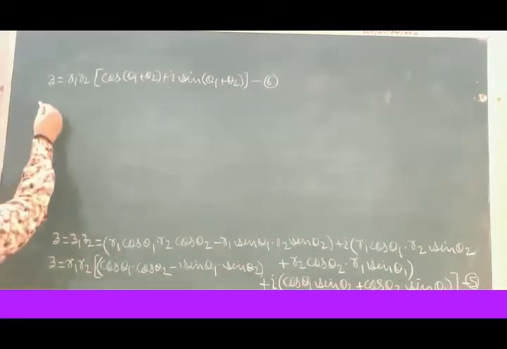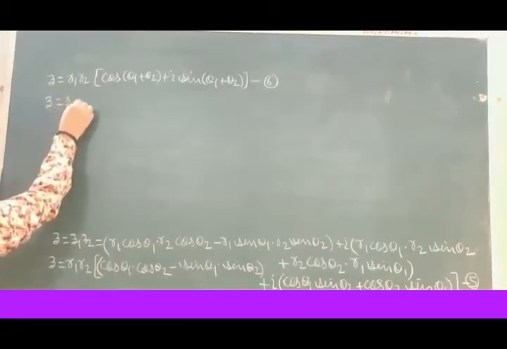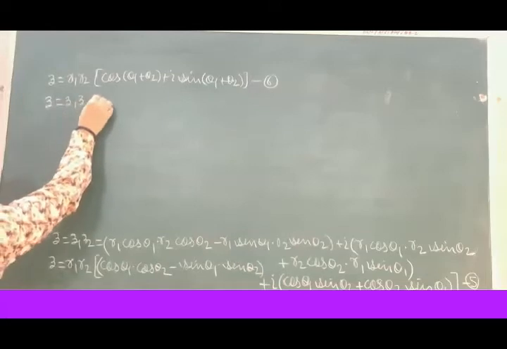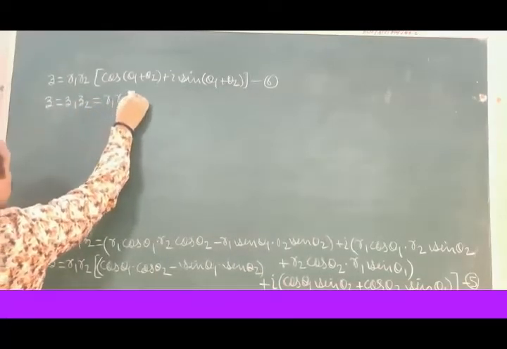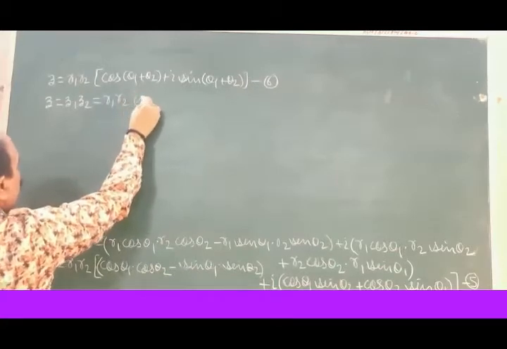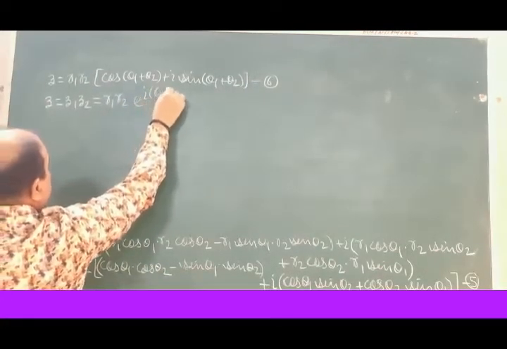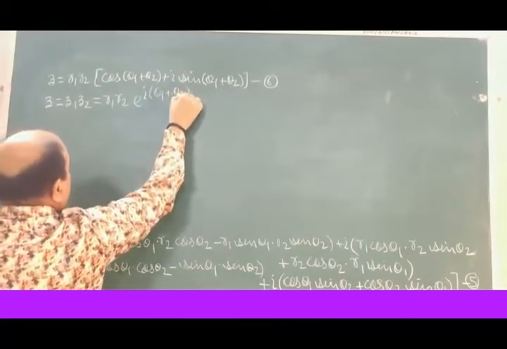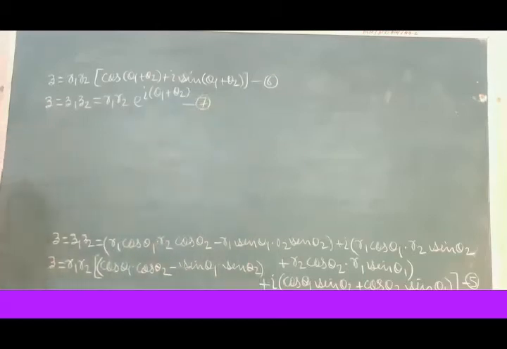Or this may be further written as z is equal to z1 into z2 is equal to r1 into r2 into e to the power i theta 1 plus theta 2, equation number 7.